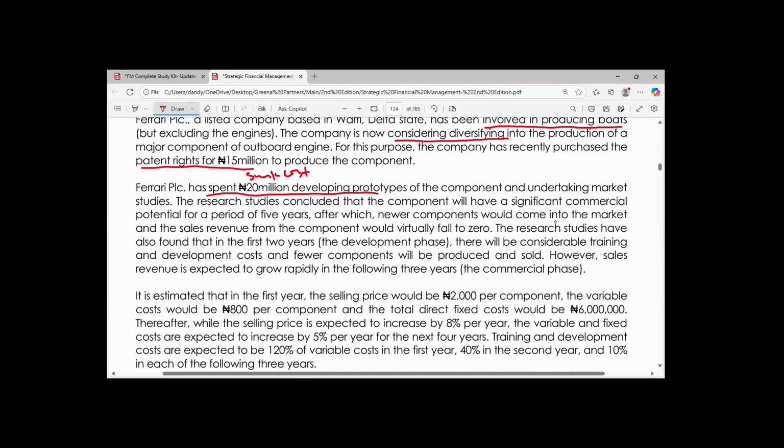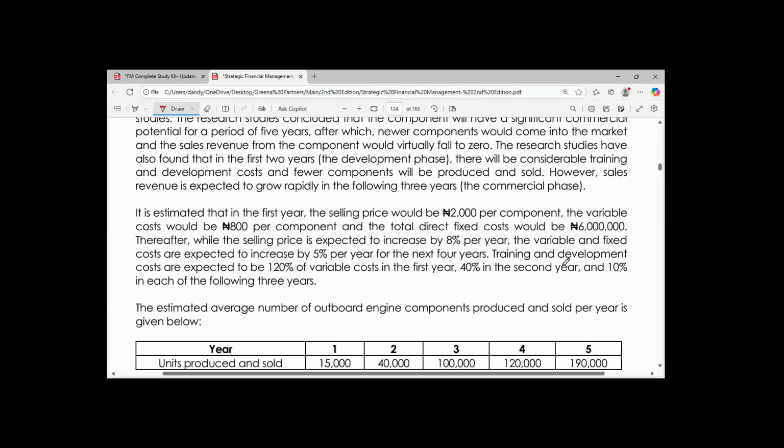The studies also found that in the first 2 years, the development phase, there will be considerable training and development cost, and fewer components will be produced and sold. However, sales revenue is expected to grow rapidly in the following 3 years, the commercial phase.